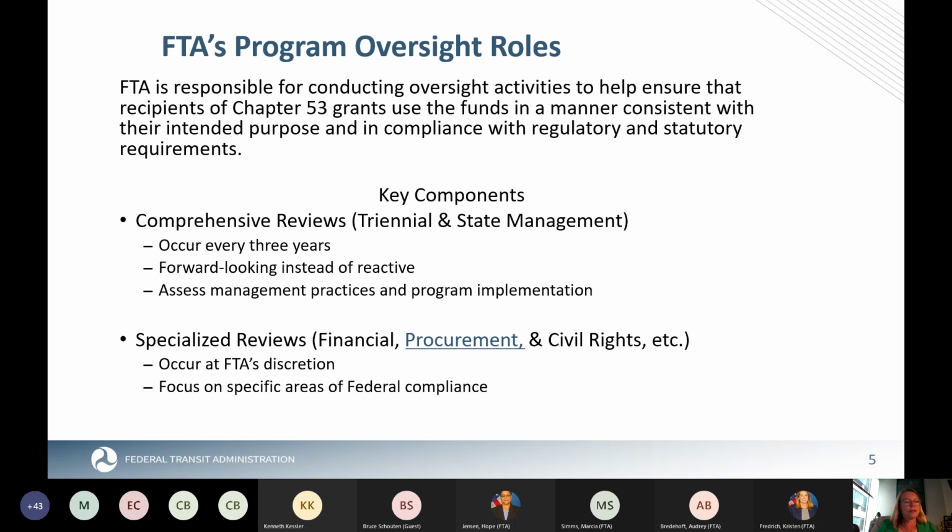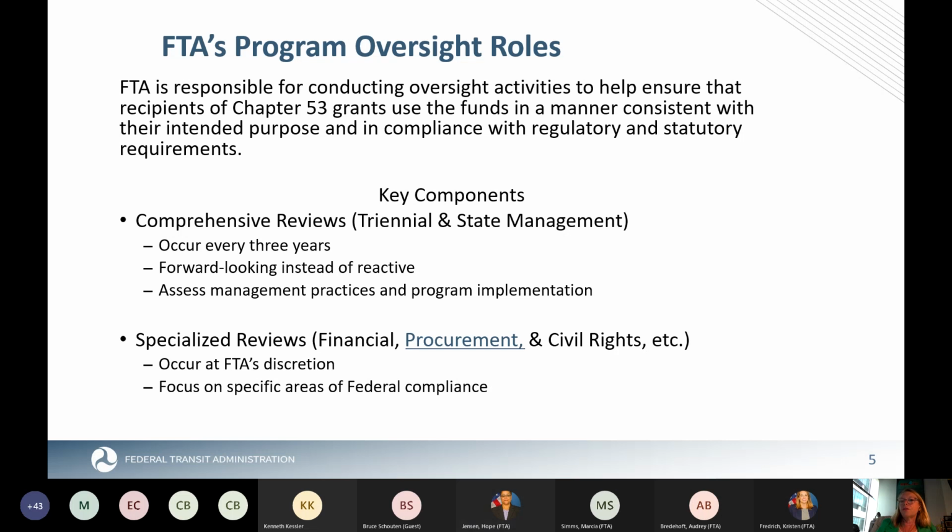FTA also uses this time to assess how you're managing your FTA programs and how you're implementing the programs that its funds are supported. Those are different types of reviews in FTA's Examples of those are financial management oversight reviews, or FMO reviews, procurement system reviews, which we draw heavily from today.